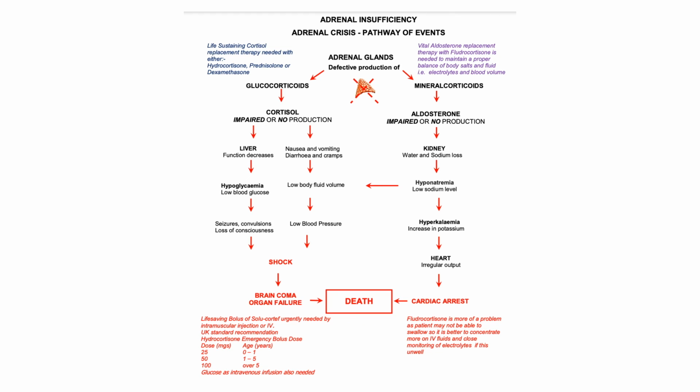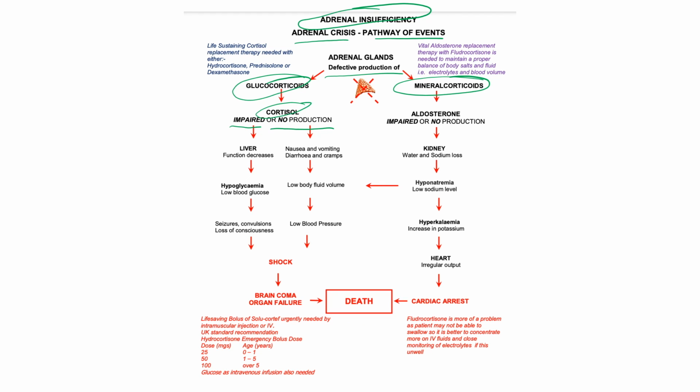But essentially, it's a big summary from our references of all that we just talked about, right? So adrenal insufficiency, the crisis pathway of events, right? So adrenal glands, defective production of glucocorticoids or mineralocorticoids. Glucocorticoid is cortisol, impaired or no production.